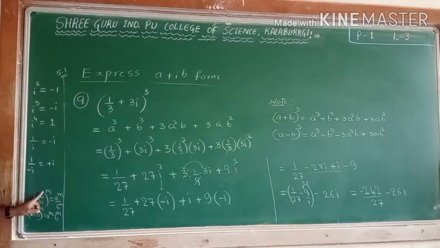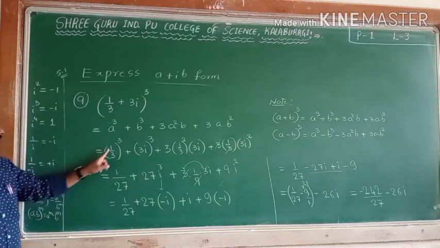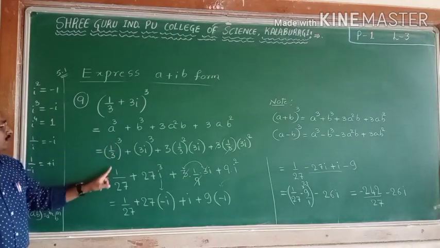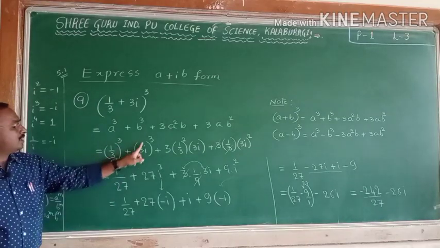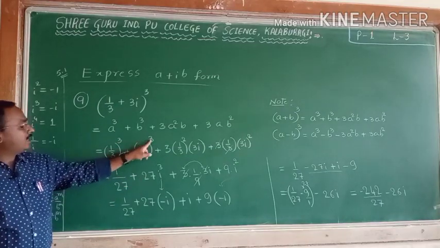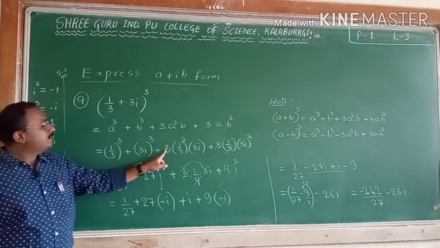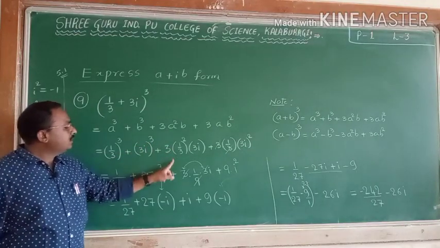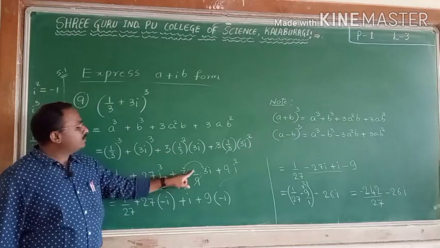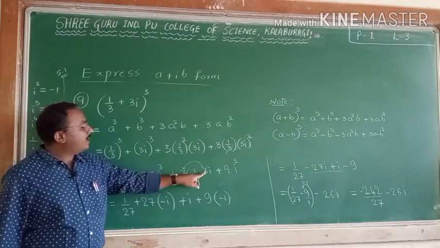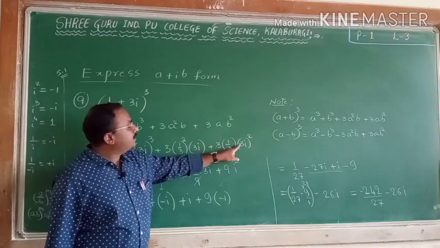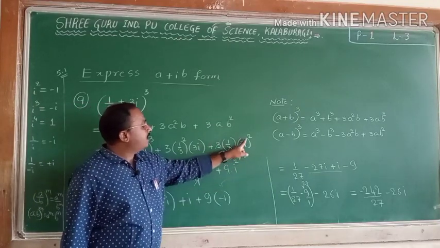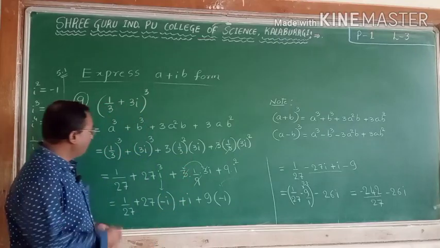(1 by 3) whole cube. Refer (a by b) whole to the power m is a power m divided by b power m. 1 cube is 1, 3 cube is 27, plus 3 cube is 27, i cube as it is, plus 3 as it is. (1 by 3) whole square is 1 by 9, 3i as it is, plus 3 gets cancelled, 3 square is 9, i square as it is.